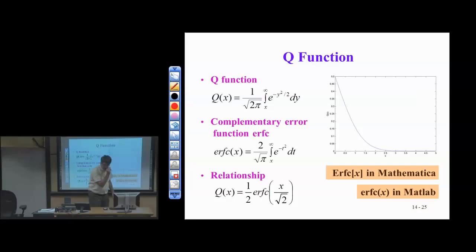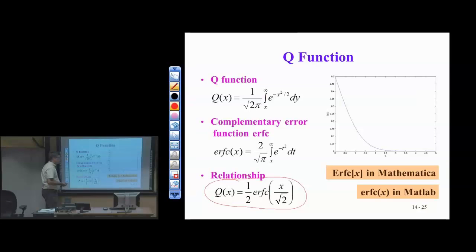The Q function you can obtain from built-in functions in either MATLAB or Mathematica. If it isn't built in, you can estimate it, or just define it in terms of the complementary error function, which is built into MATLAB and Mathematica.